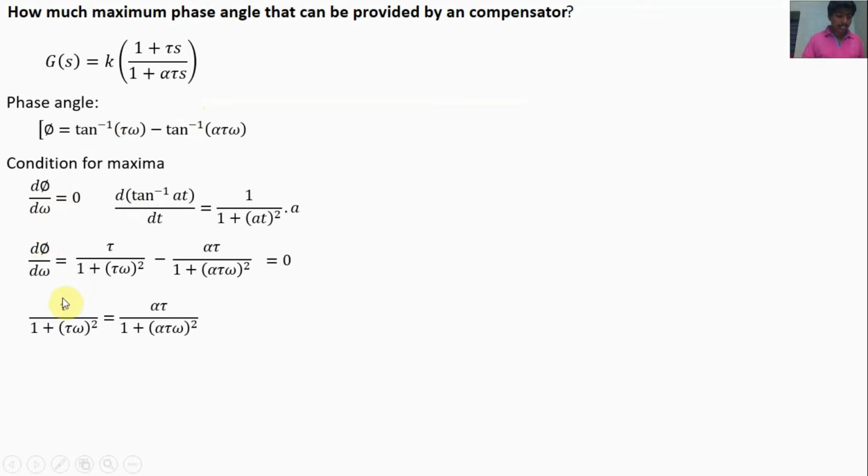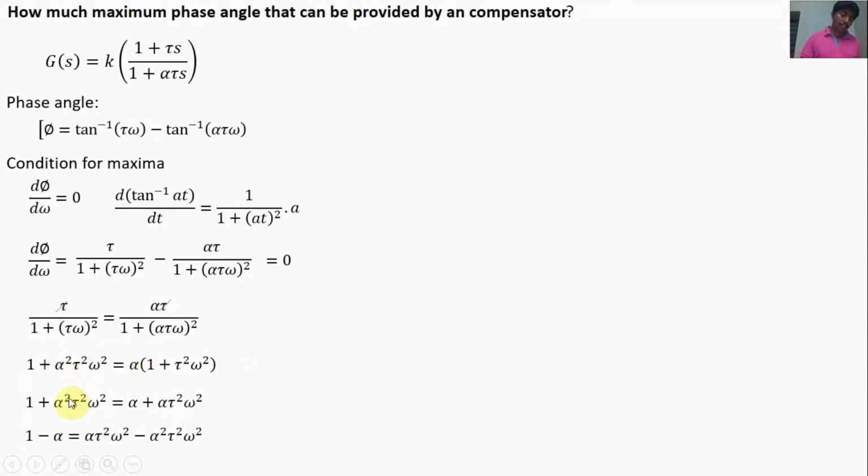Cancel tau and tau, and cross multiply: 1 plus alpha square tau square omega square is equal to alpha into (1 plus tau square omega square). Multiplying this, we get alpha on the left side and this term on the right side.